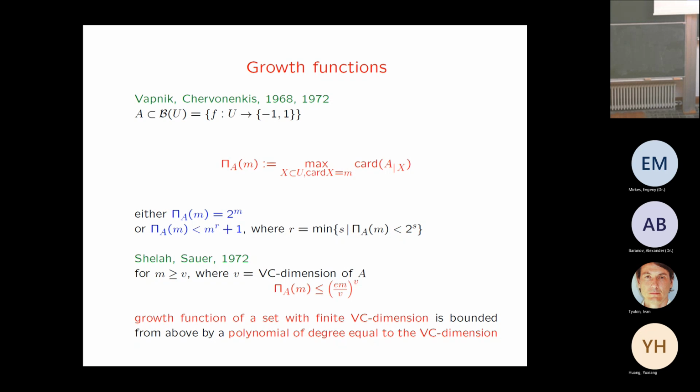Before you had m points, and the family was characteristic functions of half spaces. Now you have a general family of binary valued functions, and you look at all m-point sets, and the largest would probably be when they are in some kind of regular position. And that is called the growth function. And that's, as I say, a kind of old concept, maybe older than most of you here.